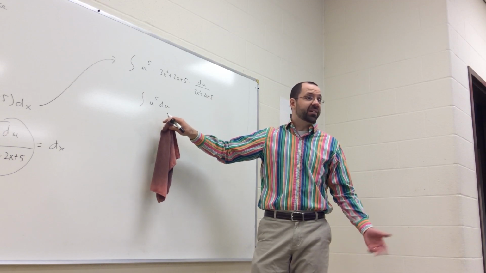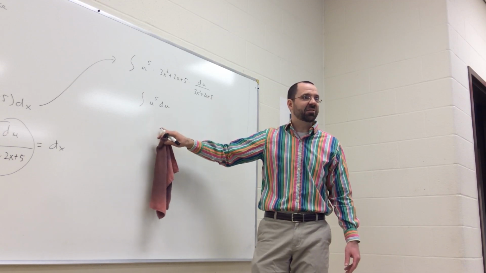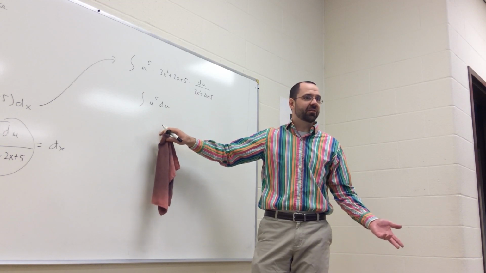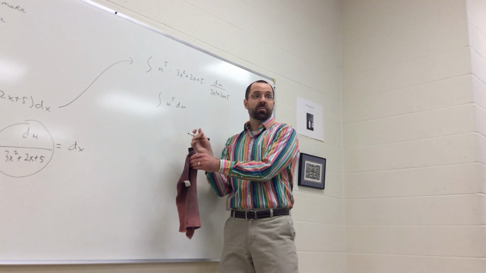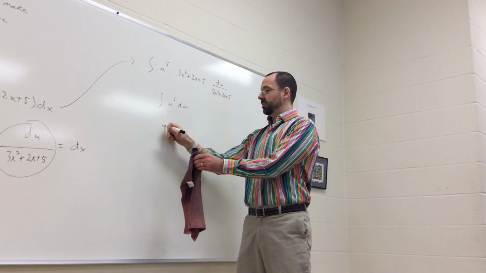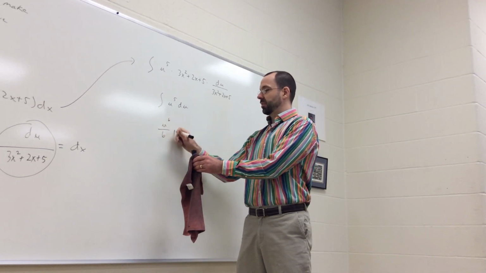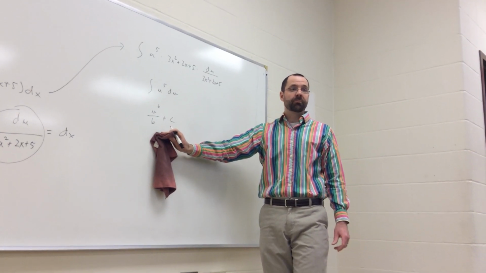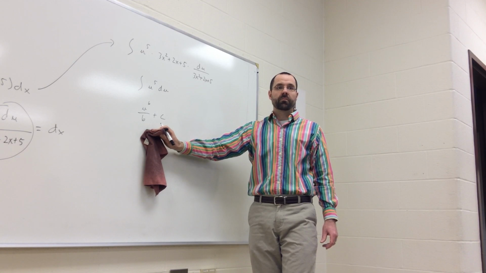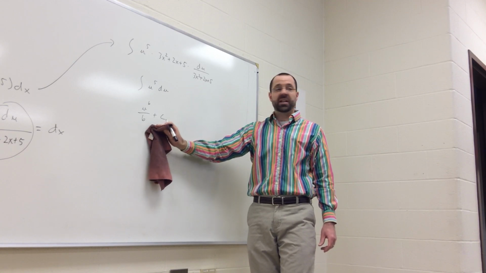Now, what people forget is, now we're supposed to take the antiderivative. The whole purpose was to find the antiderivative, right? So I've got my easy antiderivative problem, so now I should do that problem. That's u to the sixth over sixth plus c. So now I have my antiderivative.